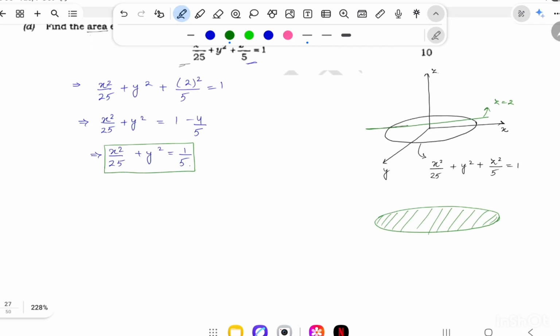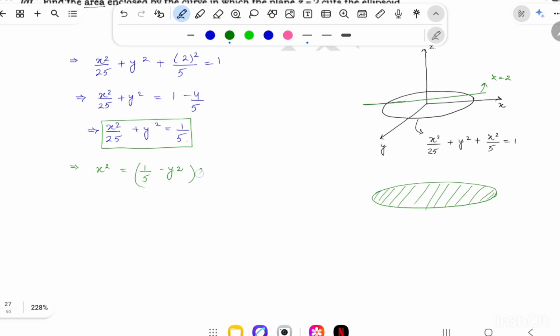So for the surface area, if I solve for x, x square equals (1 by 5 minus y square) times 25, which gives x square as 5 minus 25y square.